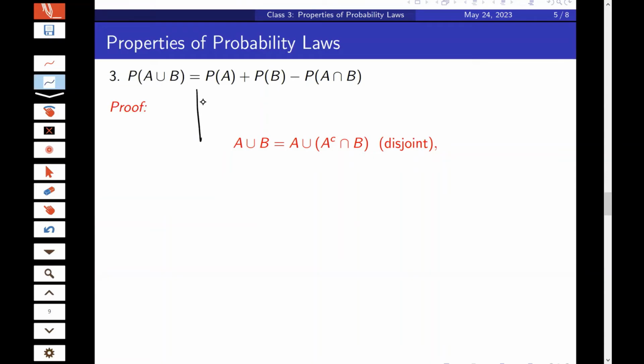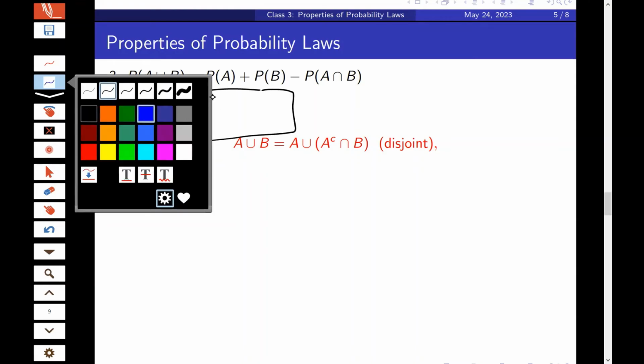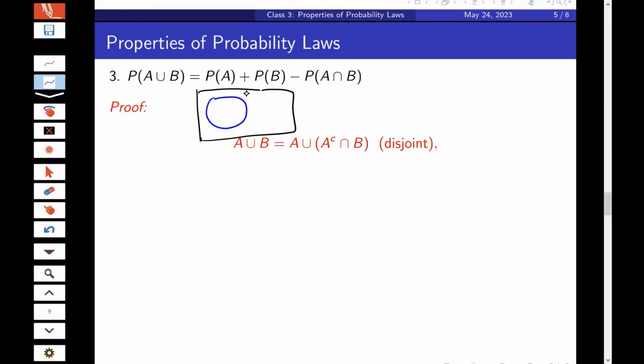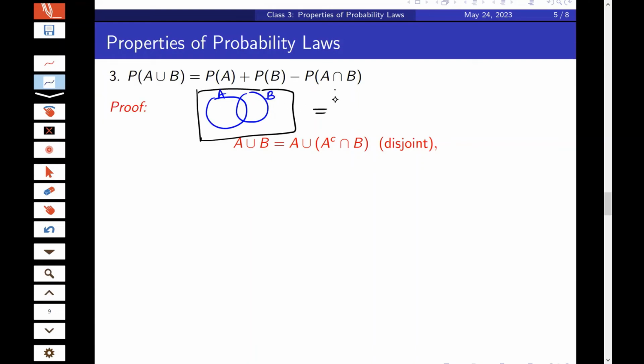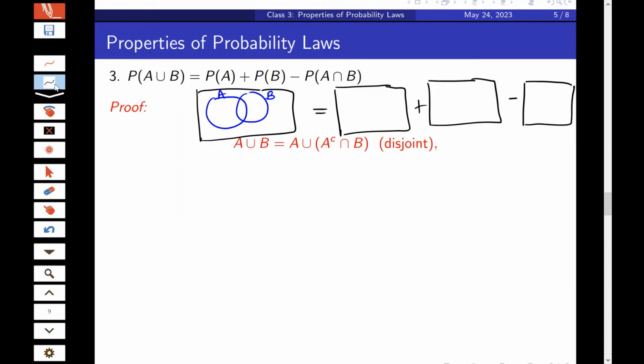So this is A and B. I will shade the region.